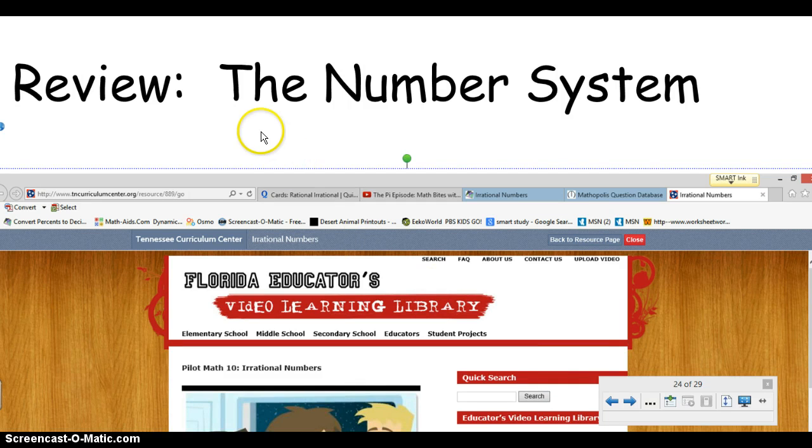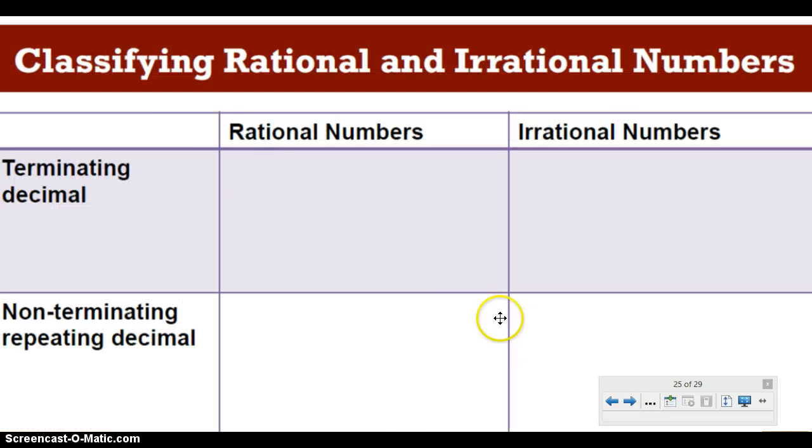Here's a review of the number system. Again, whenever you see the little globe, you click it and it will take you right to this video. And it's a nice review on irrational numbers. Next, you see a classifying rational and irrational numbers.